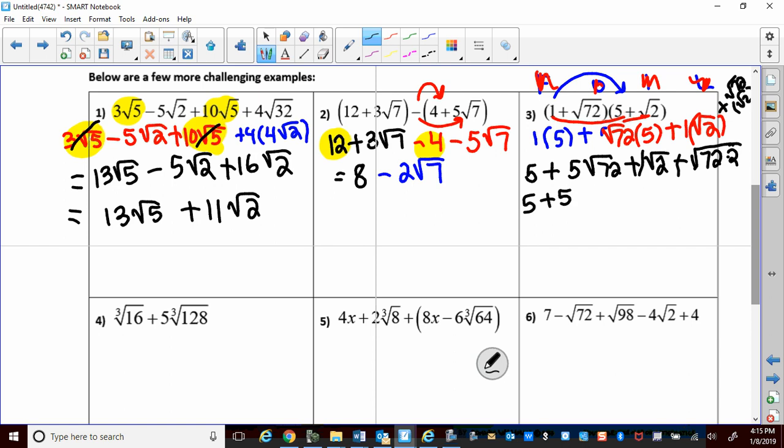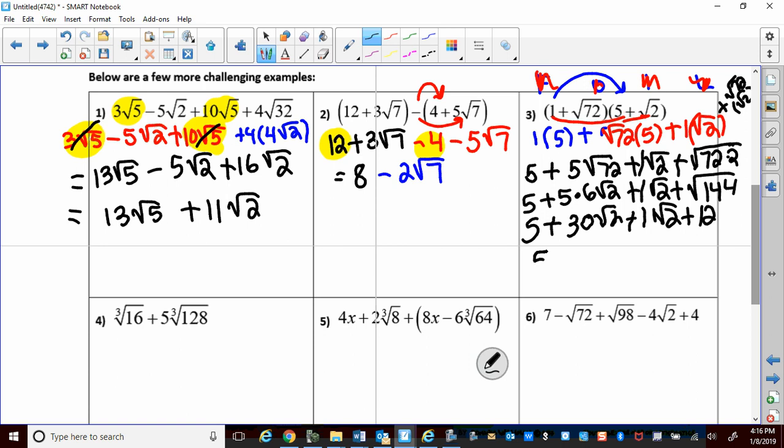If I simplify this part, I get 6 square root of 2, 6 root 2, plus 1 root 2, plus the square root of 144. That gives me 5 plus 30 root 2 plus 1 root 2 plus 12. Simplifying, I get 5 plus 31 root 2 plus 12. Or 17 plus 31 root 2. Final answer, right?